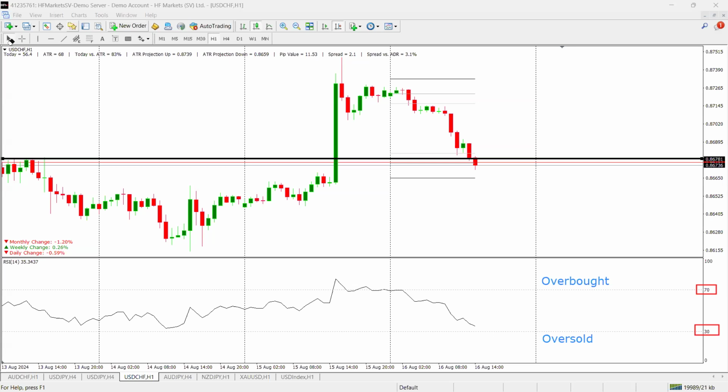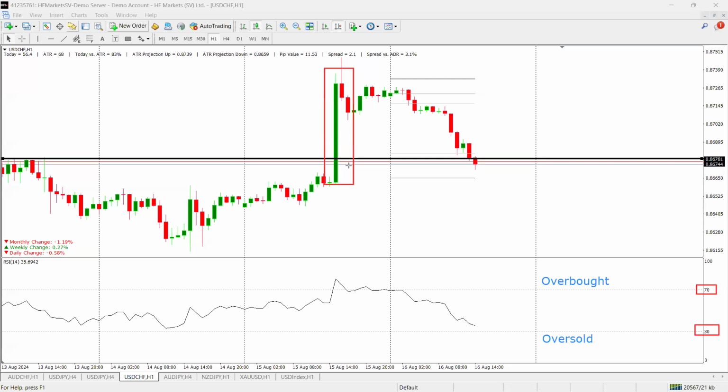For example, I'm looking at USD CHF for one, and what I'm seeing is a movement where price is currently looking to completely reverse the moves from yesterday. We saw this interesting movement yesterday, following a beat in retail sales and unemployment claims for the US, and then the dollar jumped, right?